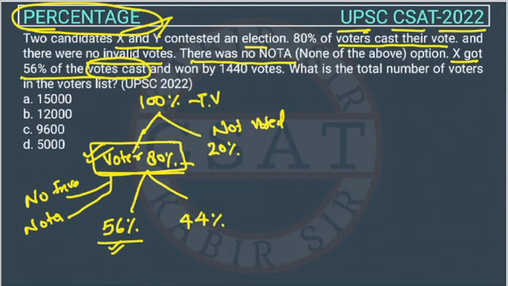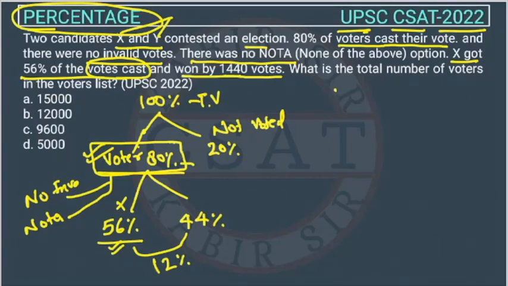Now what is given? X is getting 56% of the votes cast and won by 1440 votes, right? So he is winning by 1440 votes, right? So what is the difference here? We will subtract, 56 minus 44. So this will be 12, right?